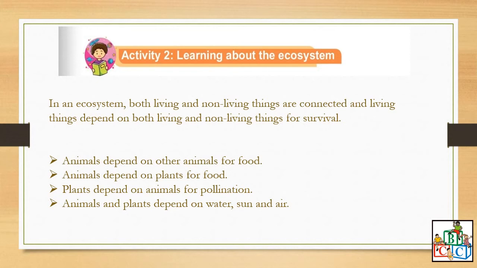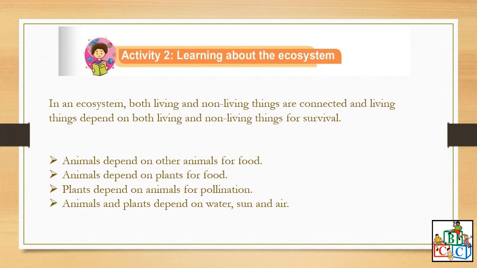You already know some examples, such as the tiger will depend on the deer. A frog will depend on insects for food. This is how animals depend on other animals for food.